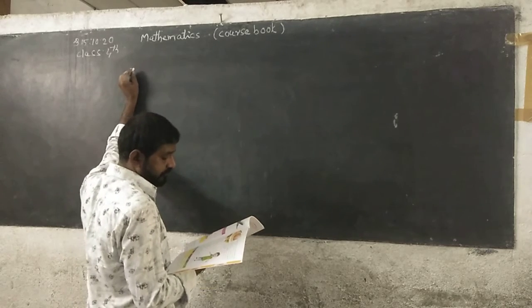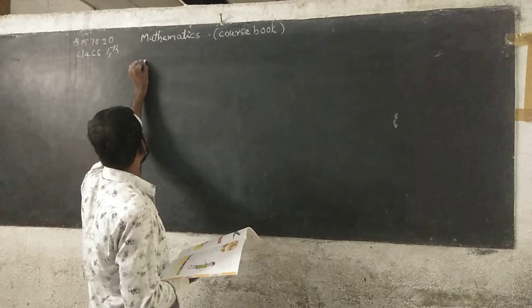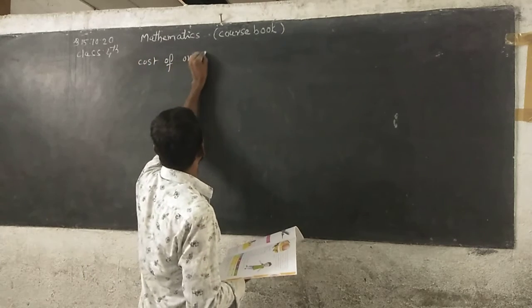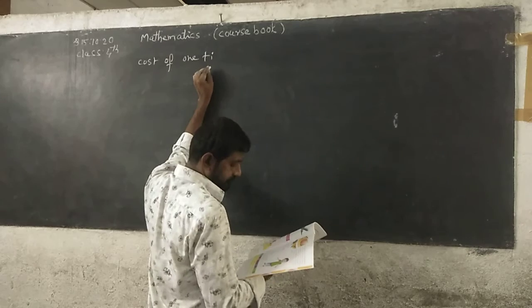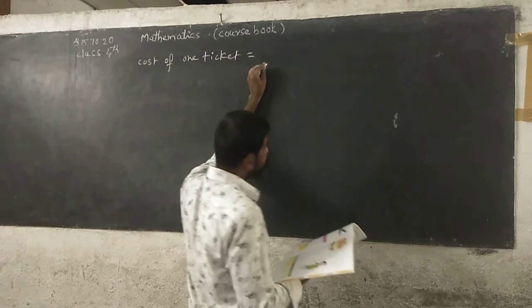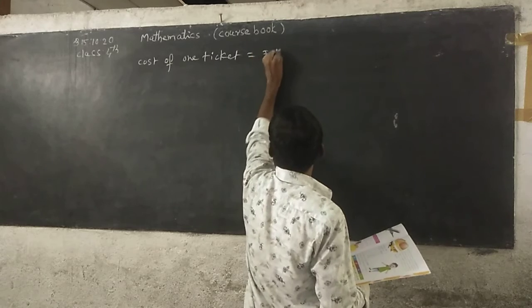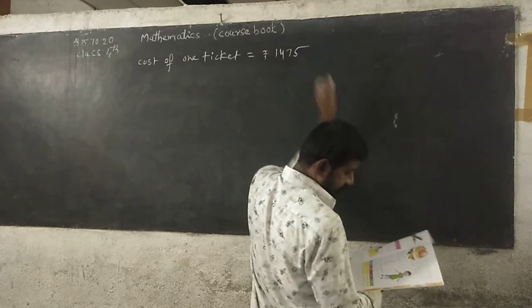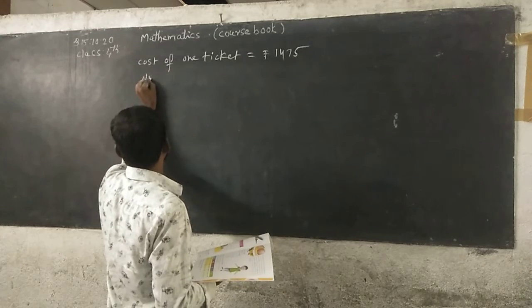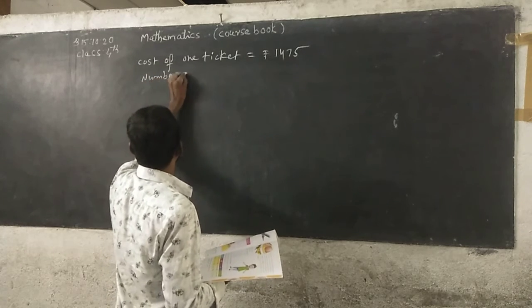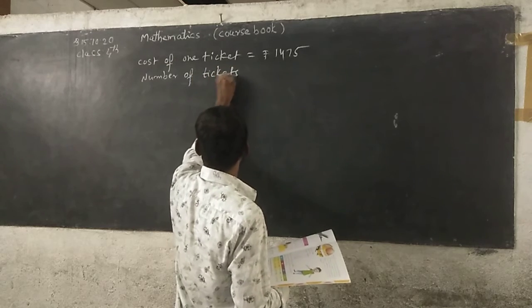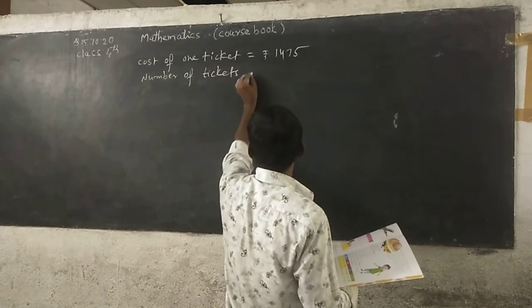Cost of one ticket, each ticket, same meaning, is equal to 1,475 rupees. Number of tickets, 23, beta.